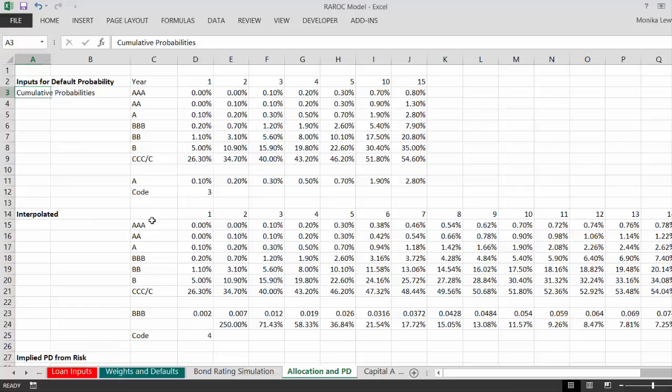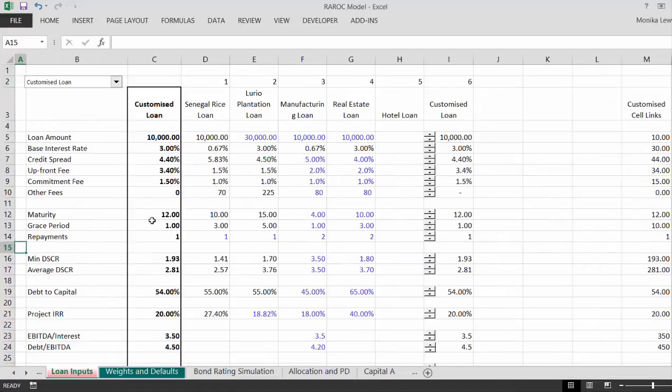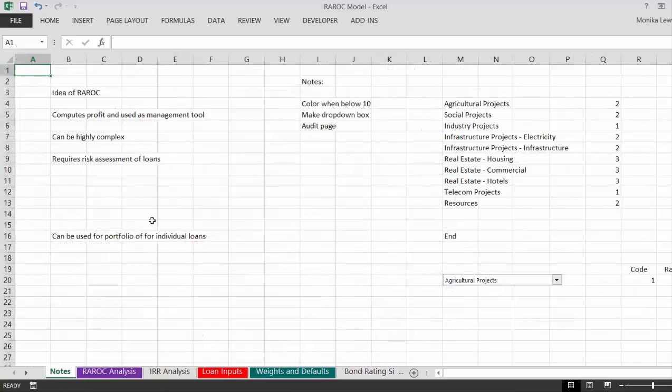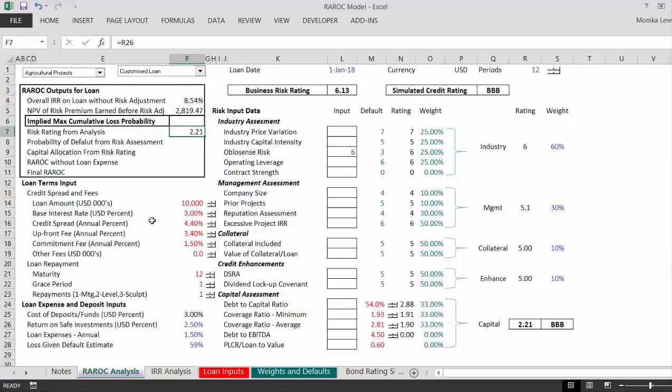Okay, now what we could do is use this data to compute the probability of loss the way Standard & Poor's or Moody's compute it. So we have a basis of saying, well, what's the real implied maximum probability of loss?